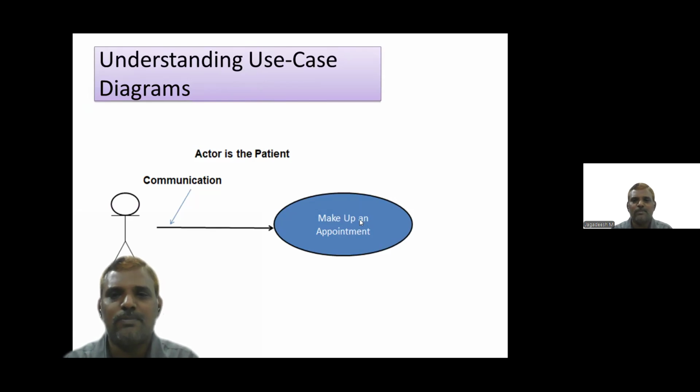Instead of making an appointment, I can have sales as one use case, doing sales, making sales, right? So this is how I can represent a functionality inside the use case diagram. So this is one functionality. You can include as many functionalities as per our requirement.